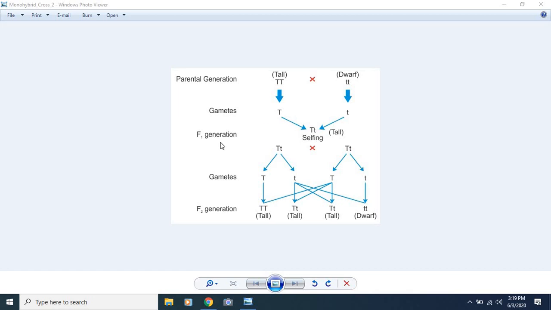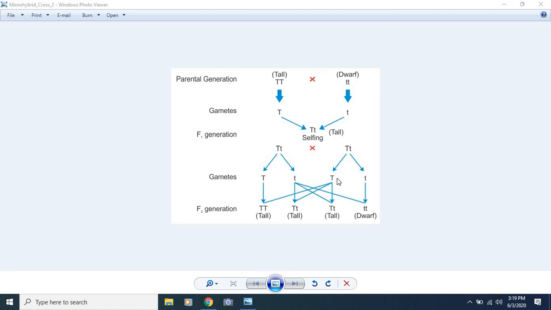Now whenever this F1 generation is self crossed, F1 into F1, that is capital T small t into capital T small t, here you can see, this becomes the F2 generation, that is the second filial generation.